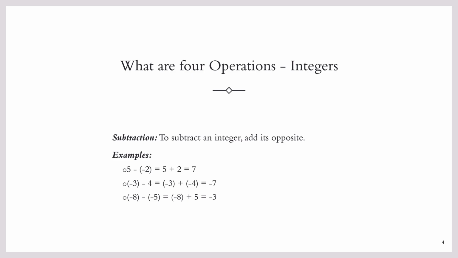Similarly, if we have -3 minus 4, it becomes -3 plus -4 and it becomes -7. What we did was, since they both had the same sign, we added them together and then we put the sign that both the values had. So in this case, it became -7.